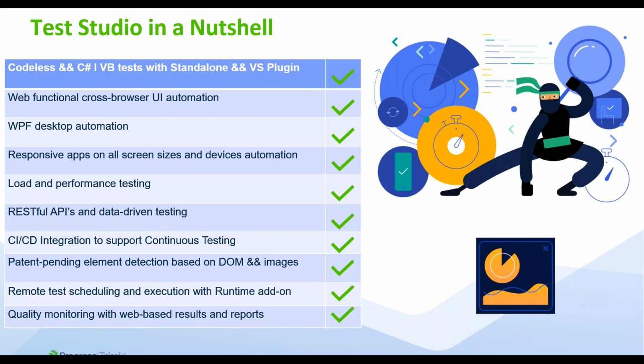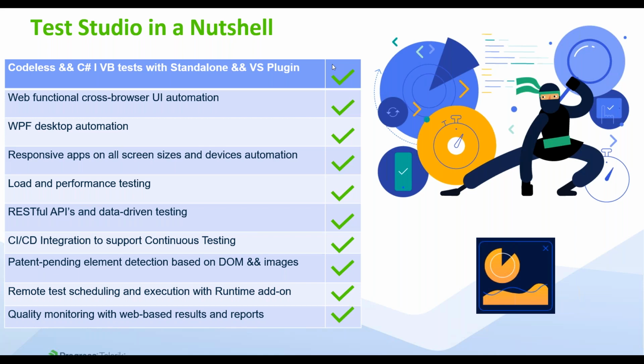processes. Actually, how Test Studio works here, we have a patent pending hybrid element detection, which is based on a mix of the corresponding element attributes and their images. And of course, you can give priority to each of those.